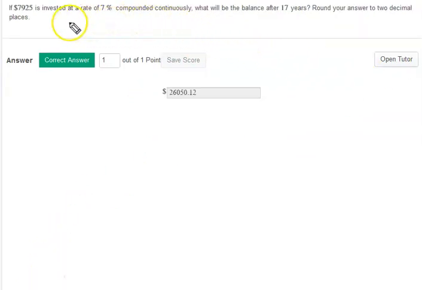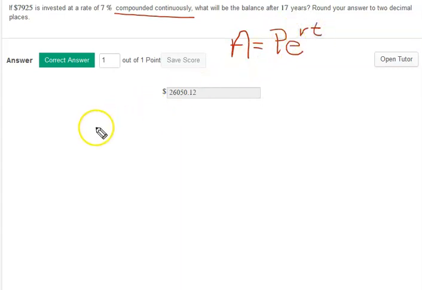Now, this one again, you need to know what formula to use. And it's the compounded continuous formula. Continuous interest formula is A, future amount, is equal to the principal times Euler's e raised to the rate times the time. So let's substitute.